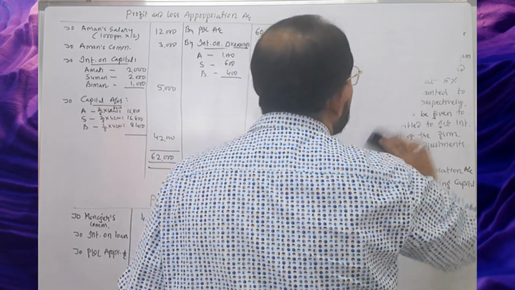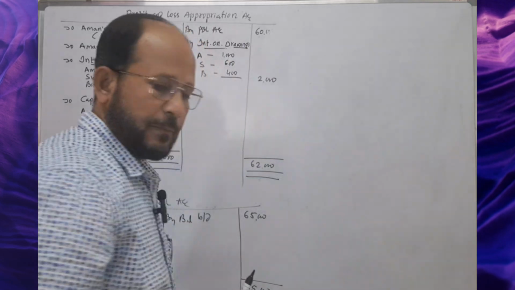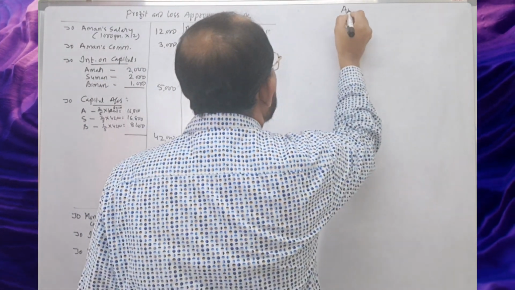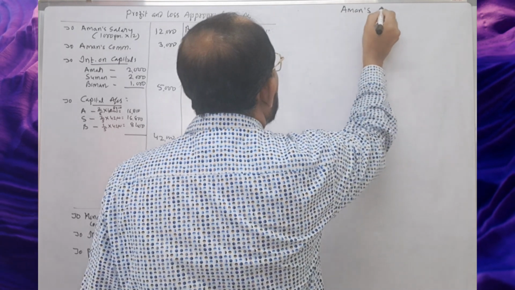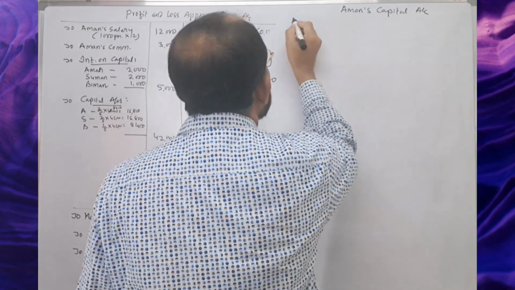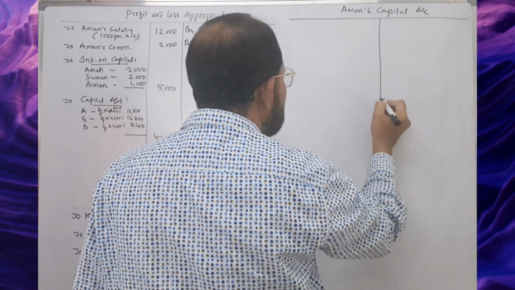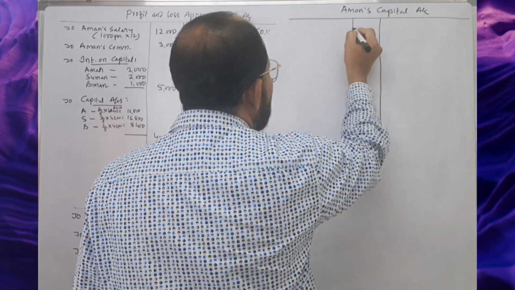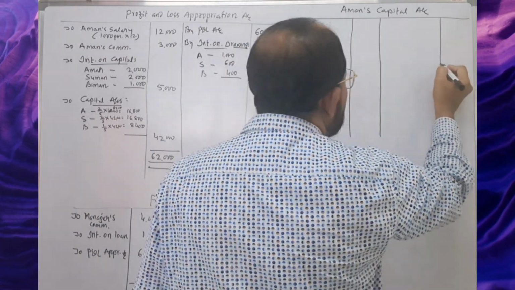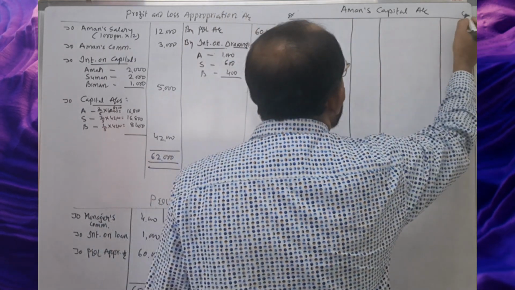Aman's capital account. We are preparing capital accounts under the fluctuating capital method. Therefore, all the adjustments are to be made through capital accounts.